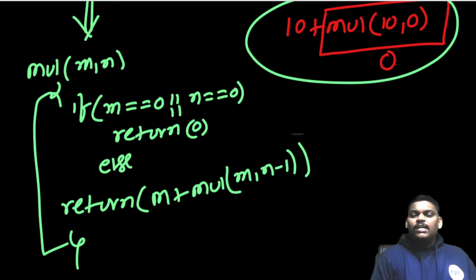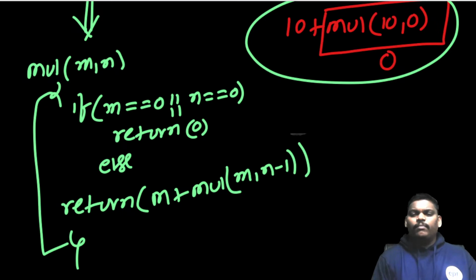Suppose they give both zeros as input itself, then you can stop. Whatever you are saying is also correct.